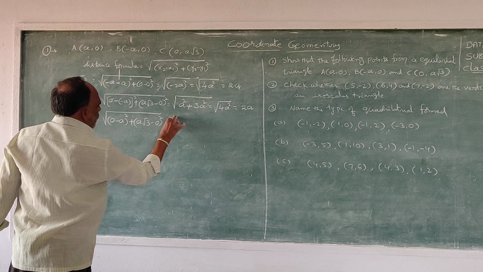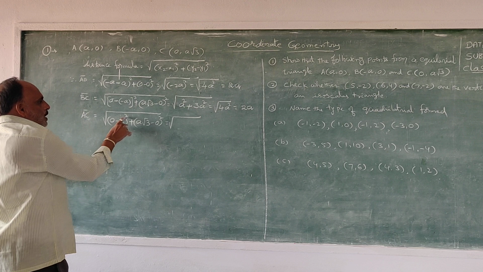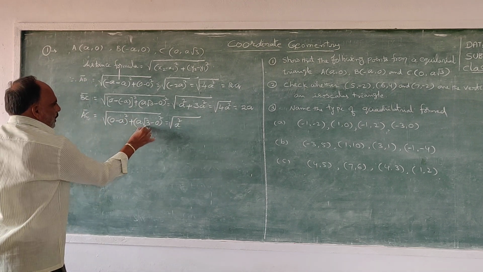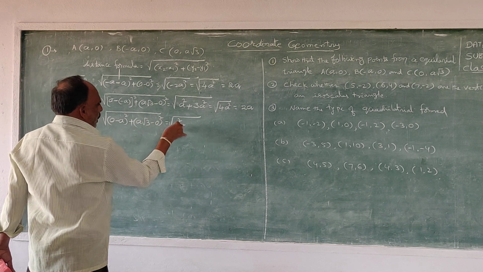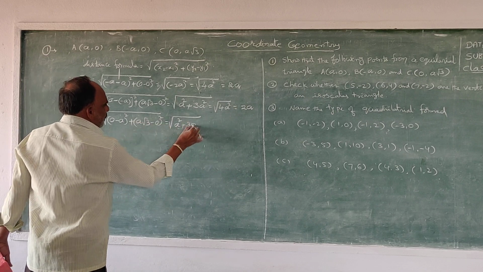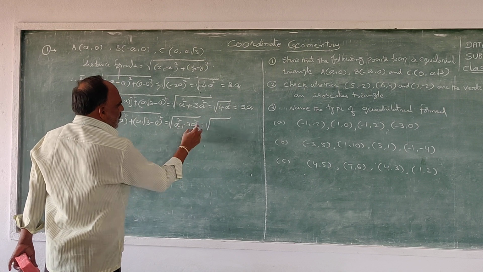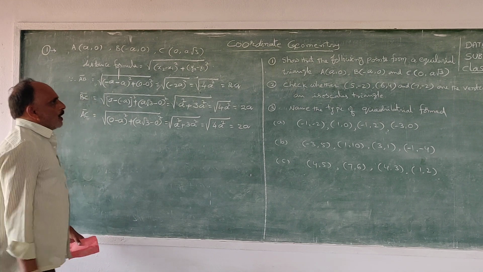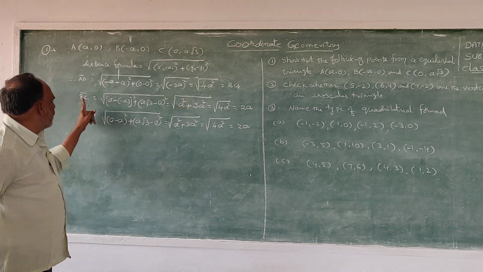That is equal to the square root of a square plus a root 3 minus 0, which is a root 3, whole square, root 3 square is 3, and a square plus 3a square is 4a square. That is equal to 2a. You can observe the length of AB is equal to 2a, the length of BC is equal to 2a and the length of AC is equal to 2a.